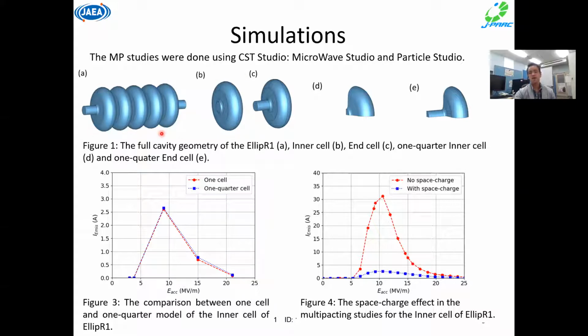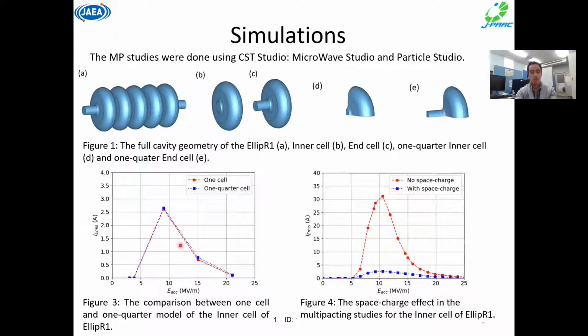However, we don't use that to simulate multipacting. We take advantage of the geometry of the cells, and we just simulate the so-called inner cell and end cell. However, we also want to push a little further and reduce the model. That's why we simulate just 1/4 of the cavity with symmetry conditions. And this helps us to reduce the computational power.